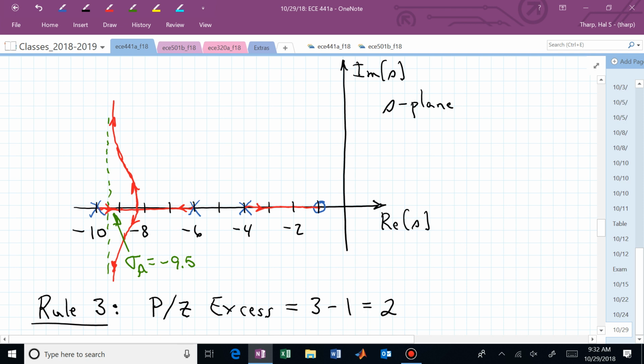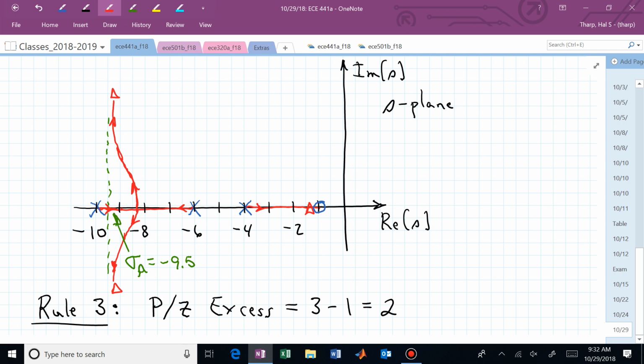Let's say that you crank up the gain k until you get to a pole there and a pole here, and you would have its conjugate there. That triangle close to minus 1 is being kind of annihilated by that 0.